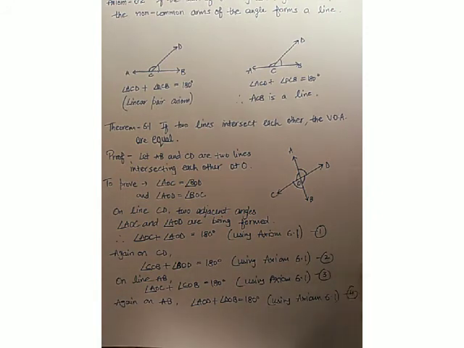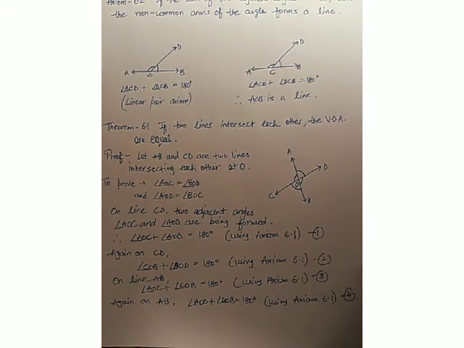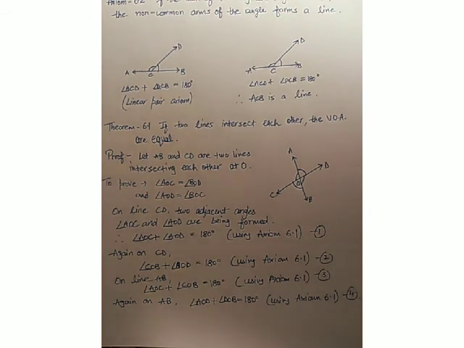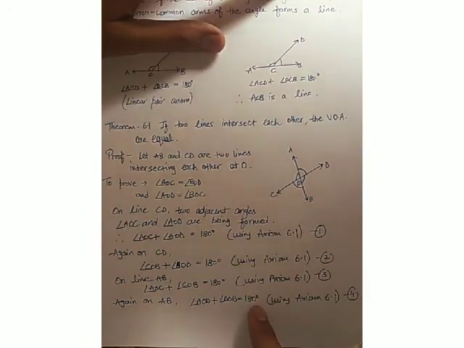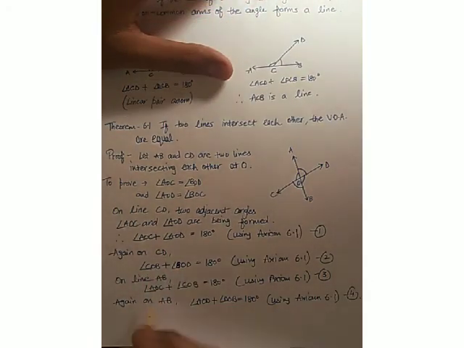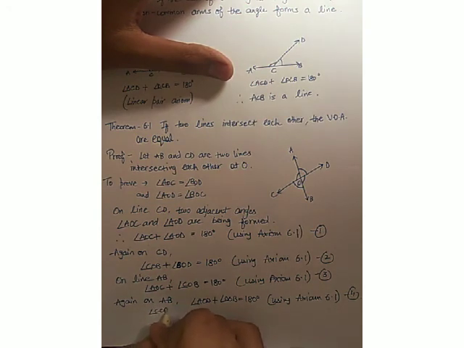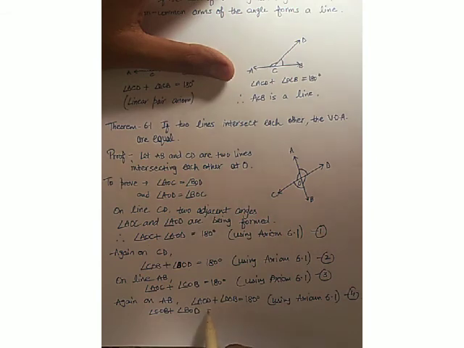Now from the second and fourth equations, right hand sides are equal, so left hand sides will also be equal. This is a basic mathematical property. So angle COB plus angle BOD will be equal to angle AOD plus angle DOB.